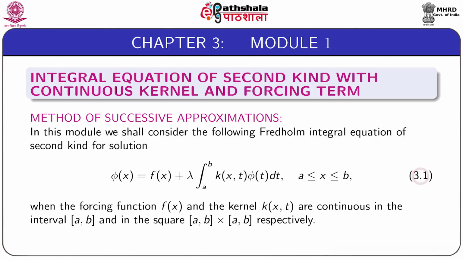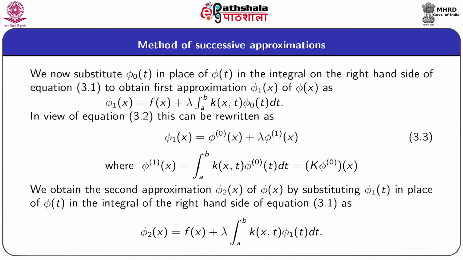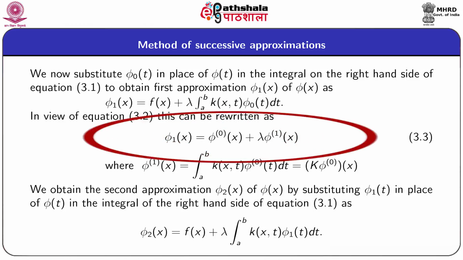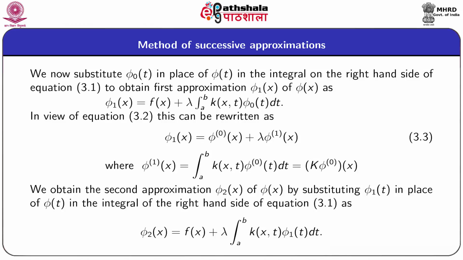We substitute phi naught x in place of phi t to obtain the first approximation phi 1 x of phi x as given by phi 1 x equal to f x plus lambda integral a to b k x t phi naught t dt. We write this equation in the form as given by equation 3.3.